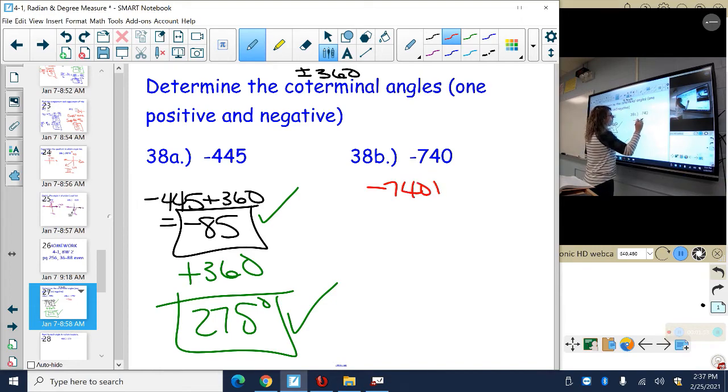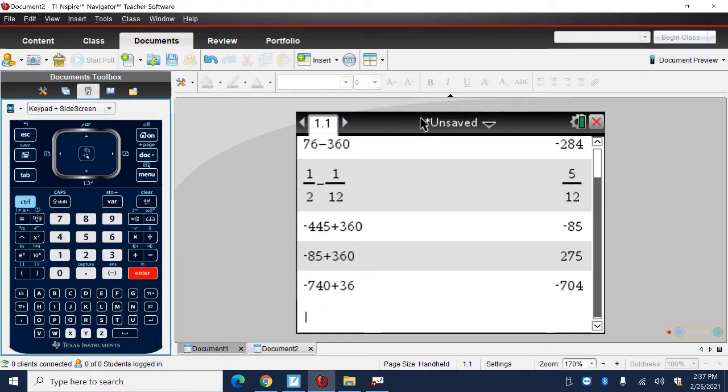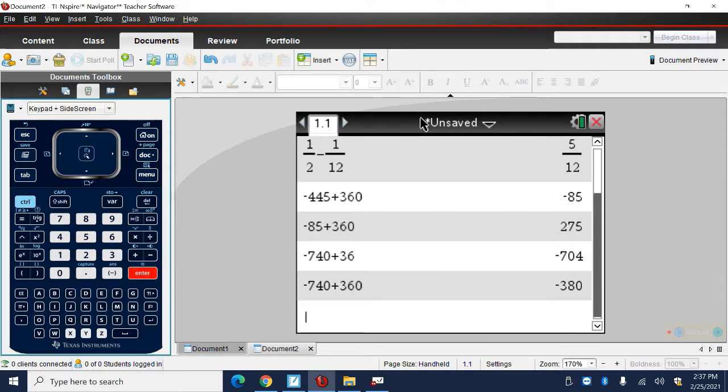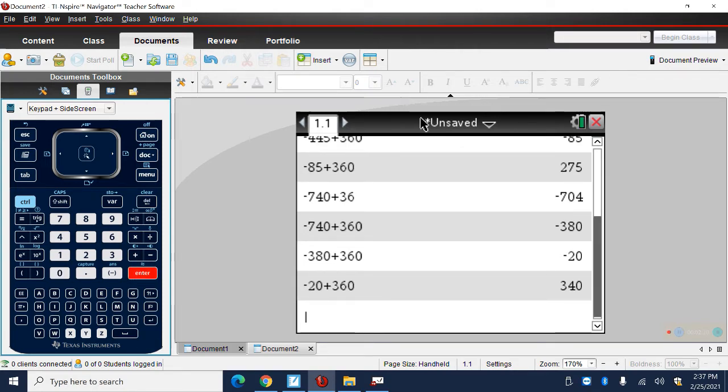Negative 740 plus 360. It would help if I typed the right thing in here. That gives you negative 380. So one answer is negative 380, but if I add 360 to that again, I still have a negative angle, so I need to add 360 again. So any of these angles would work: negative 380, negative 20, or positive 340.